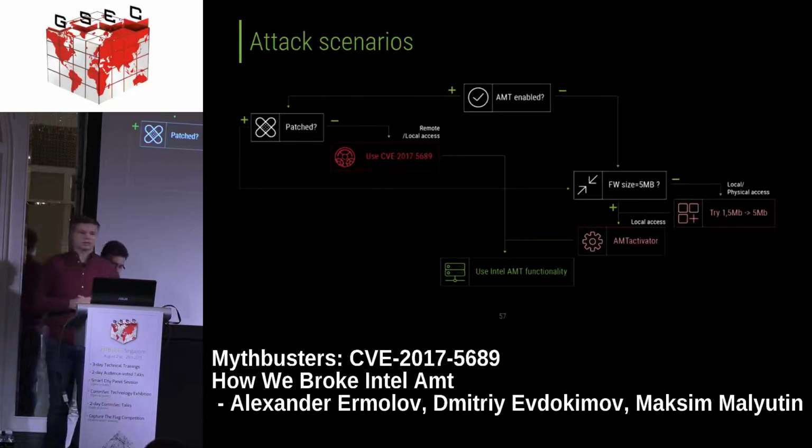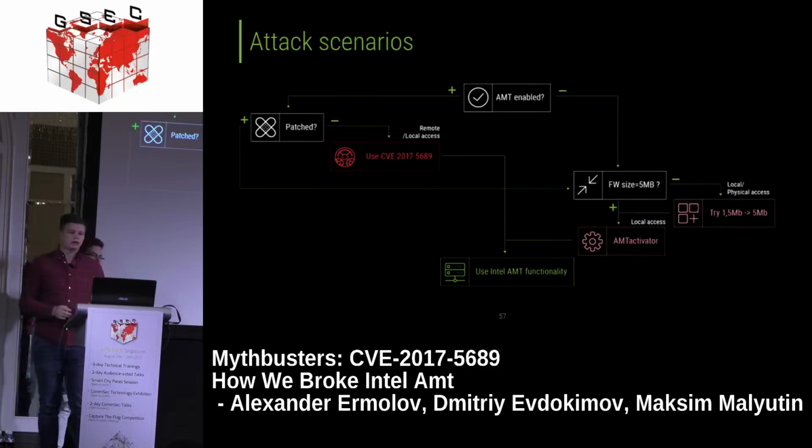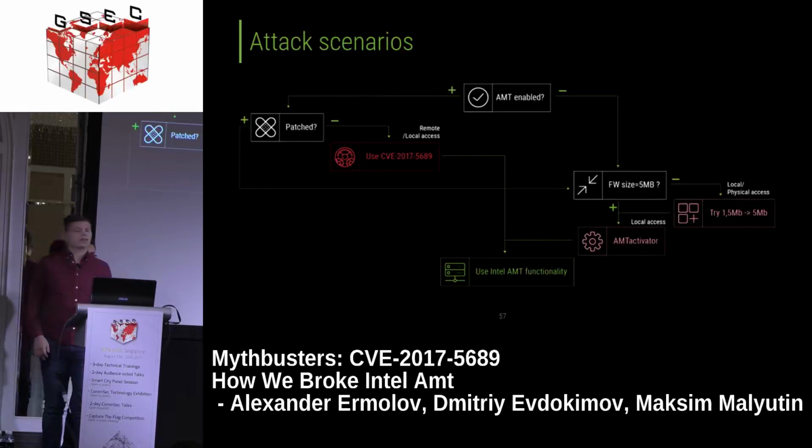This slide demonstrates how an attacker would maneuver through your system. The attacker will check to see if your system has AMT enabled, and if it does and it's not patched, then the attacker can just go ahead with the exploit to use your Intel AMT. However, if it is patched, the attacker can attempt to activate AMT, or increase the size of the firmware and then activate AMT to use your Intel AMT functionality.